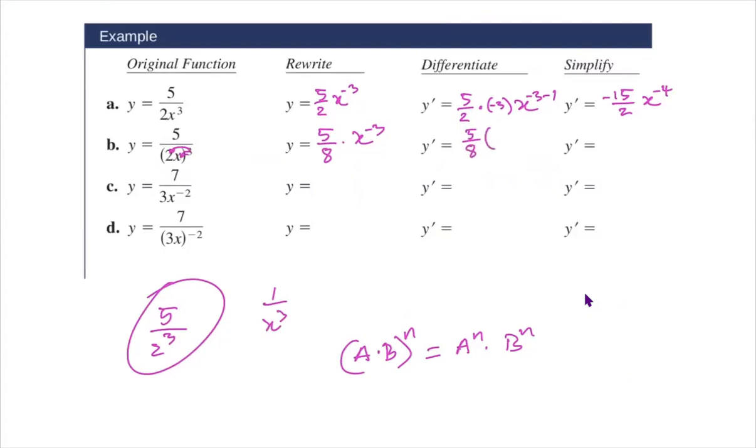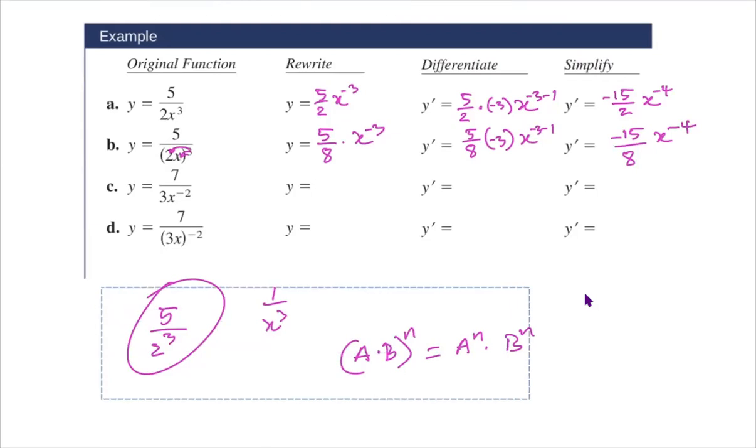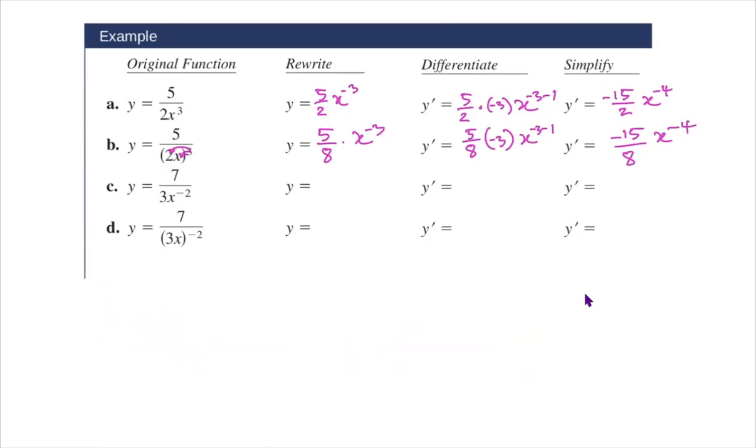And then we bring down the power negative 3, x to the power negative 3 minus 1. So that is negative 15 over 8 x to the power negative 4. Okay, let's move on to the next example.